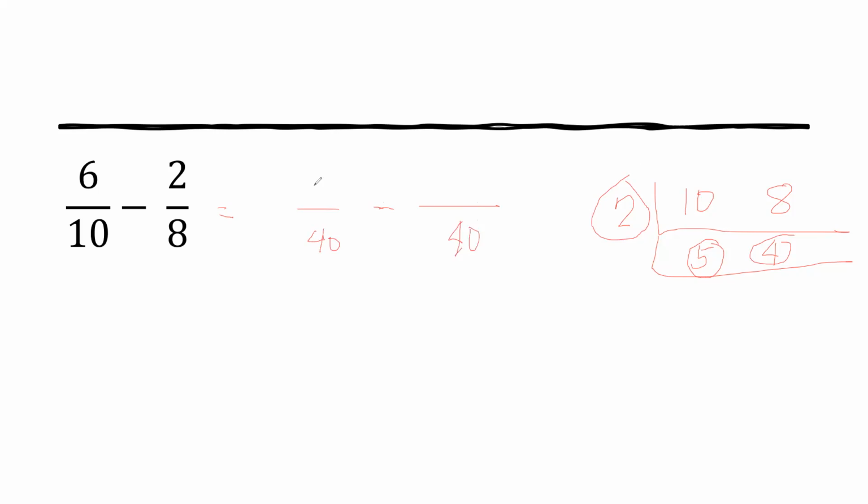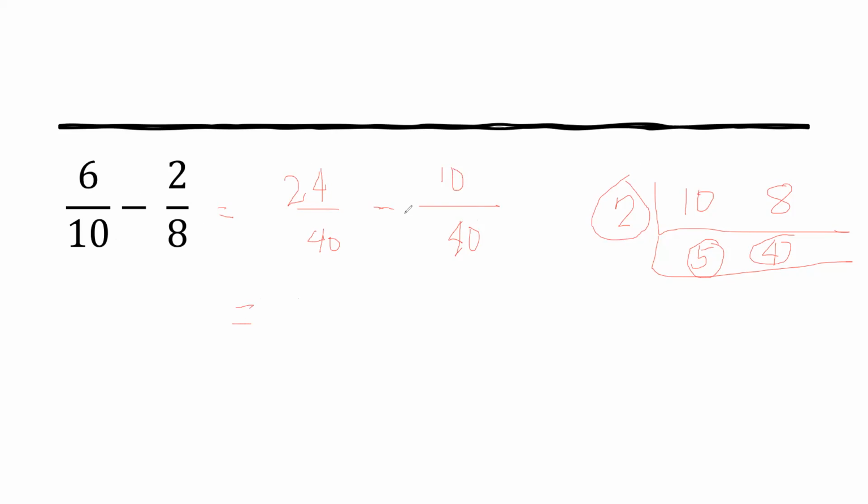Ang bilis. 40 divided by 10, 4, times 6, 24. 40 divided by 8, 5, times 2, 10. O yan, pwede na tayo mag-subtract.